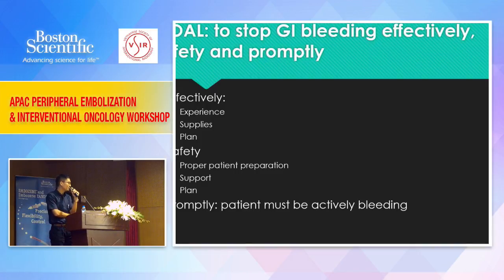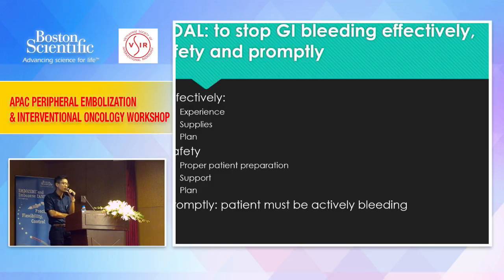Effectively means the interventional radiologist has to be experienced, and we have enough supplies, for example the catheter, the guide wire, and all the embolic materials. Safety means the patient has to be well prepared during and after the procedure.